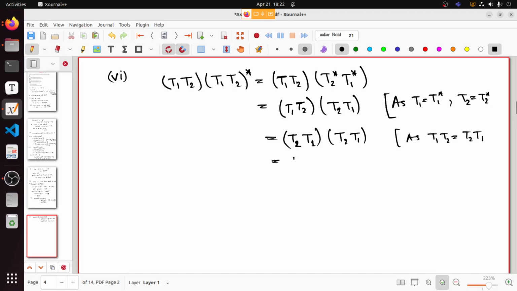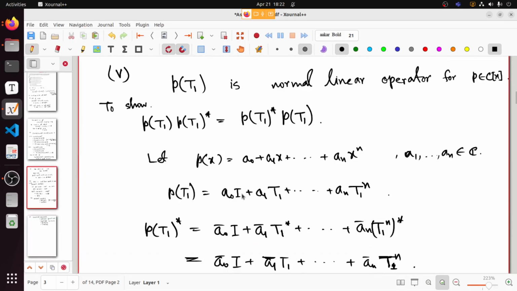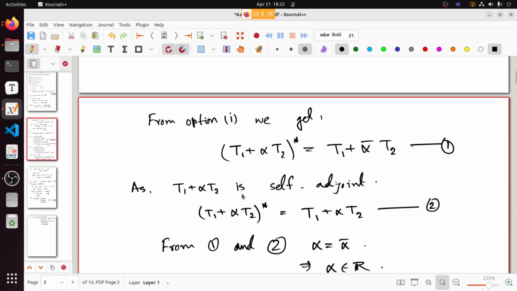So this is the same as T2 star T1 star, and this will be T1 T2, because they also commute. So this is T1 T2 star, and this is T1 T2. So they are normal, right? T1 T2 is a normal linear operator. So option number 6 is correct.